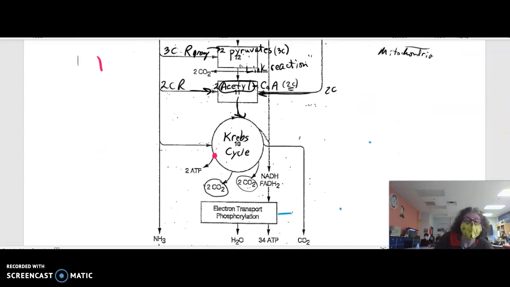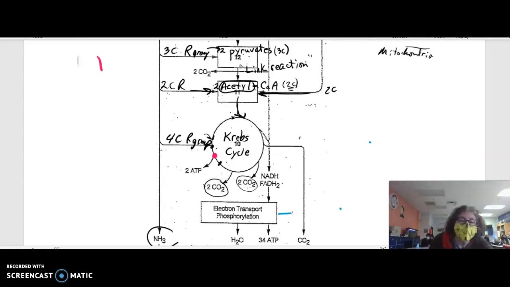If it has 4 carbons, if you really were brave and went into the book and looked in detail at the Krebs cycle, a lot of the last 2 intermediates here and here are 4-carbon organic molecules. So those can enter the Krebs cycle there and help it keep going, right?